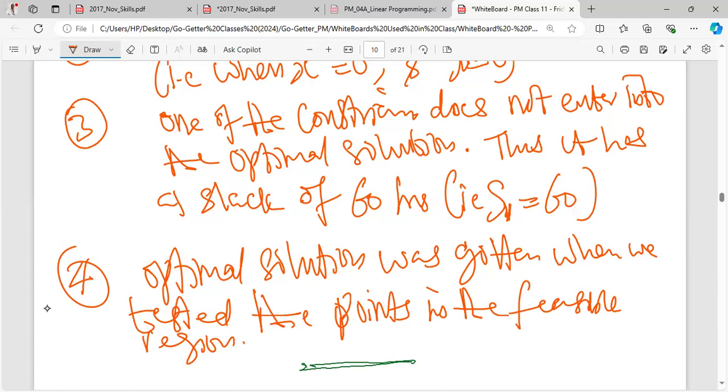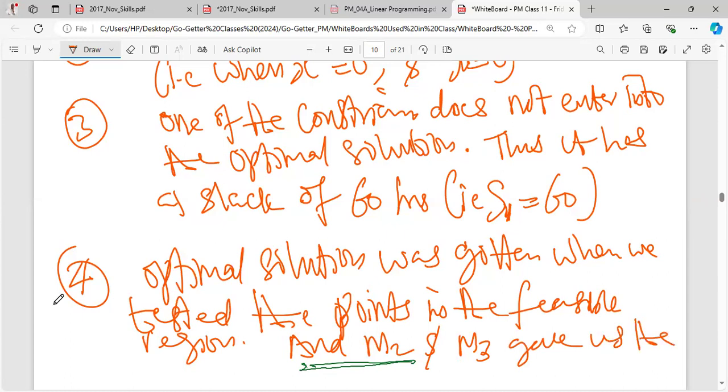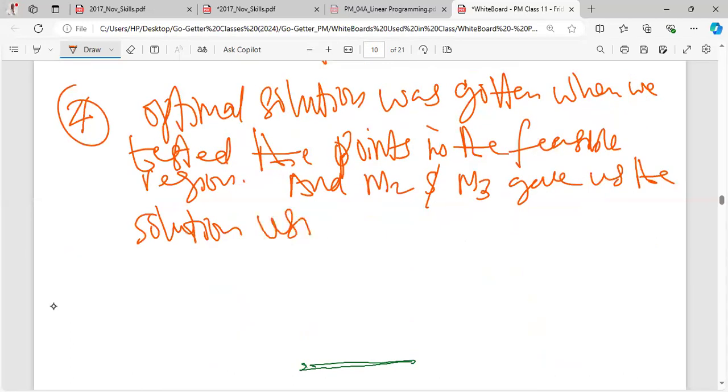And M2 and M3 gave us the solution using simultaneous equations.